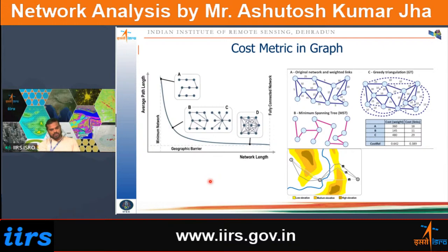Generally, this is just an example where the minimum network, which is sufficient to connect all the nodes, will have a quite high average path length, whereas in the case of a fully connected network, your average path length will be low.